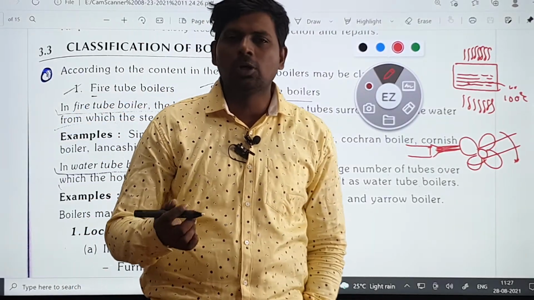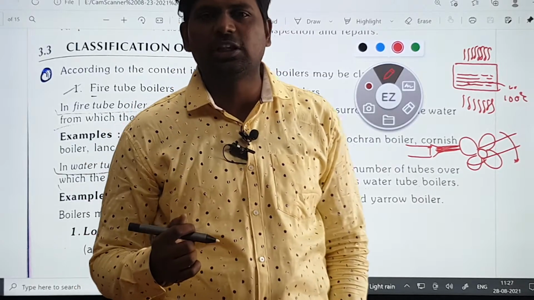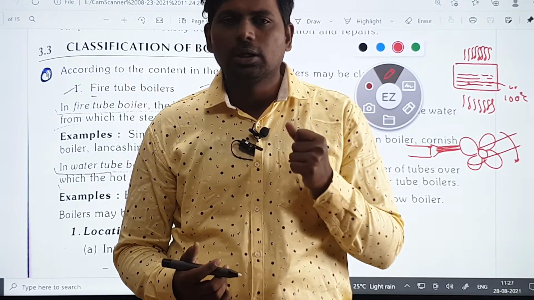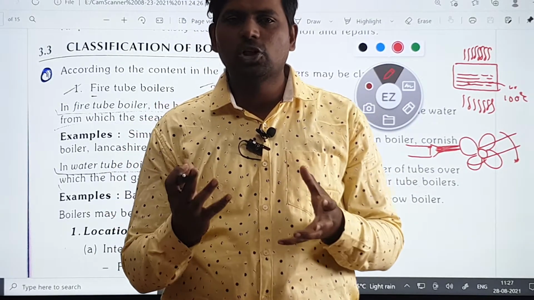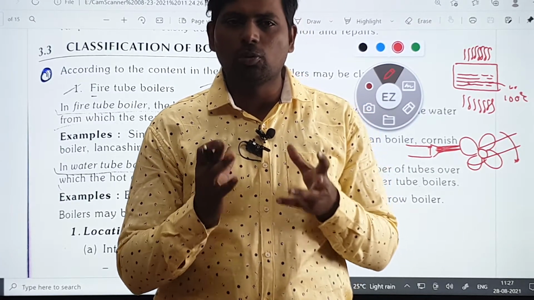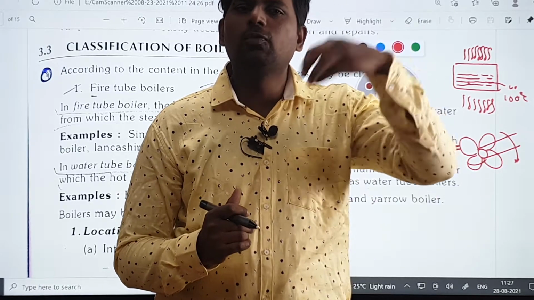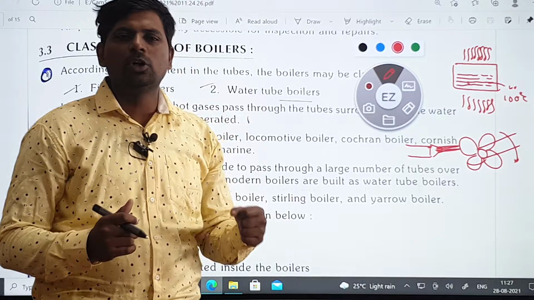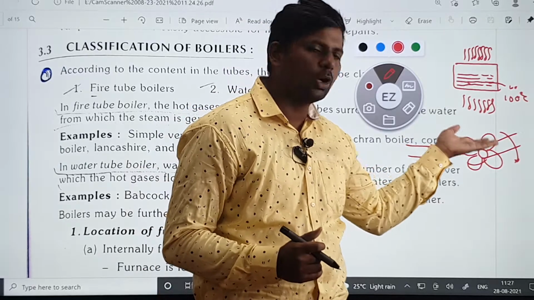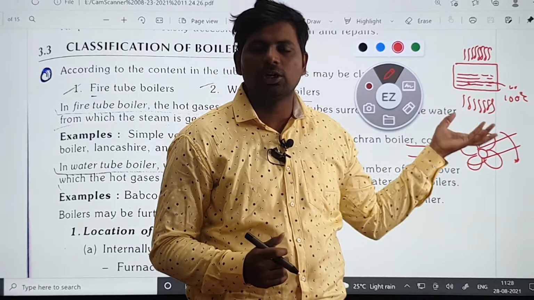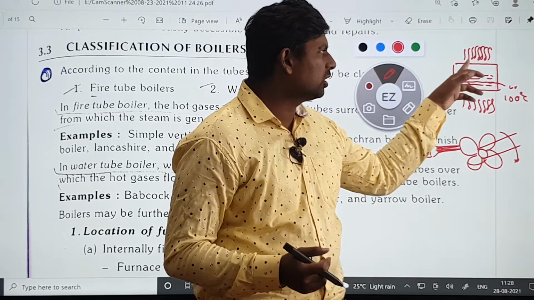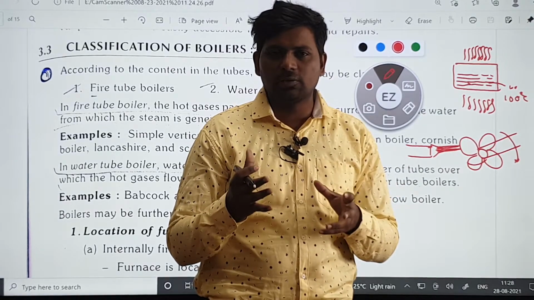So this is the function of a boiler. In normal words, the function of a boiler is to produce steam. In the boiler we provide feed water, and if we supply heat from the bottom side, the water will evaporate. That steam is collected in a container known as the drum.